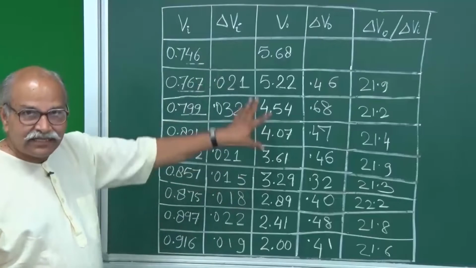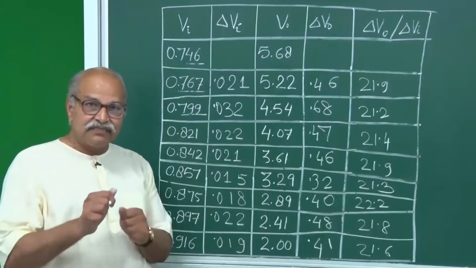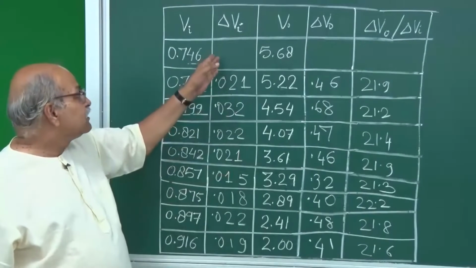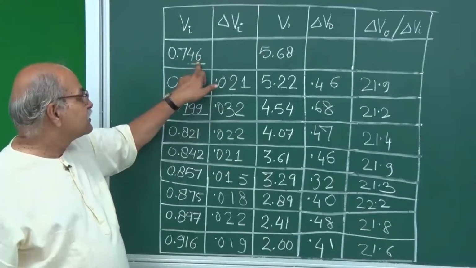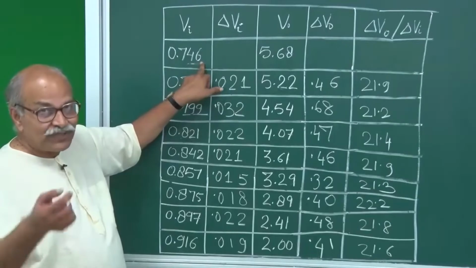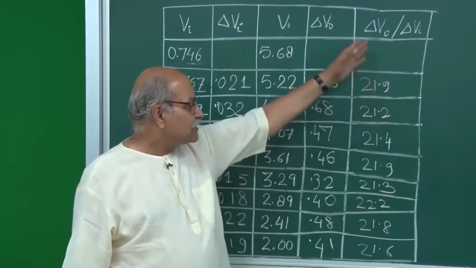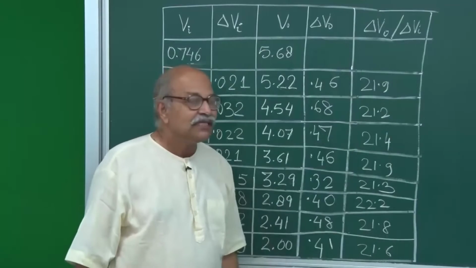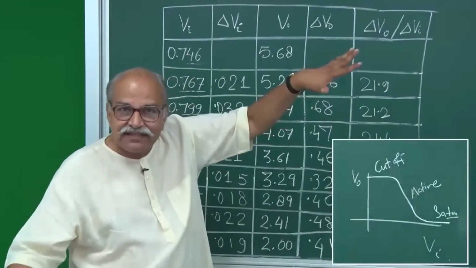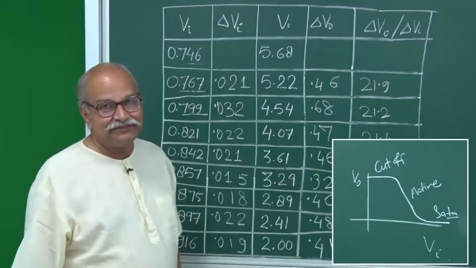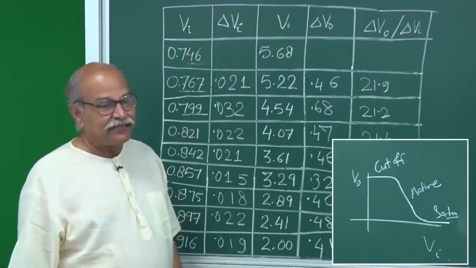When I am reading from the multimeter, this last digit is always a doubtful digit, and therefore there is an excellent constancy of this ratio, and you have a really flat region in that VO-VI diagram.